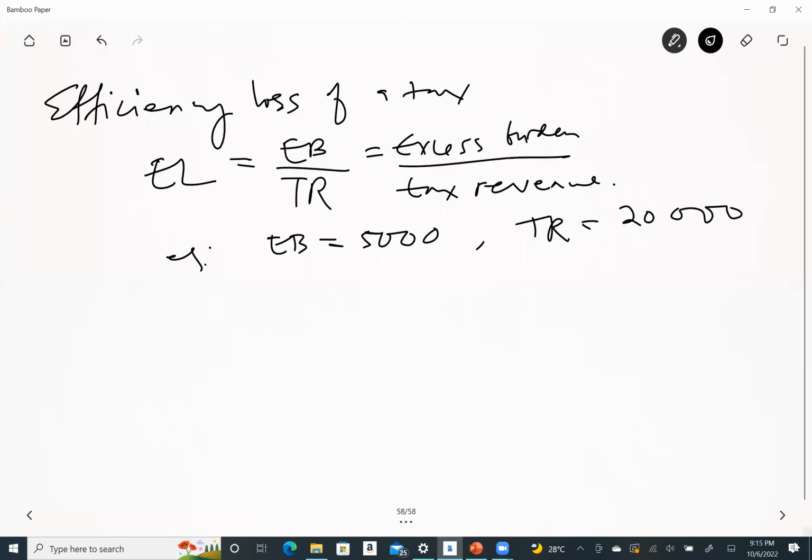So what is the efficiency loss of the tax? Equal to 5,000 over 20,000.